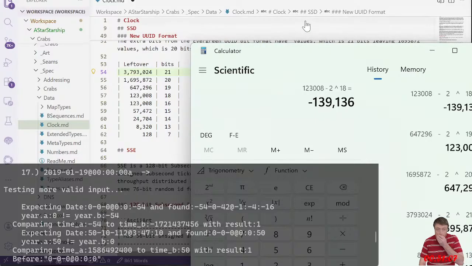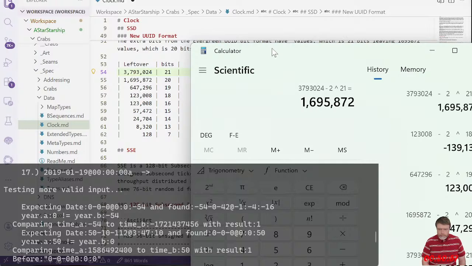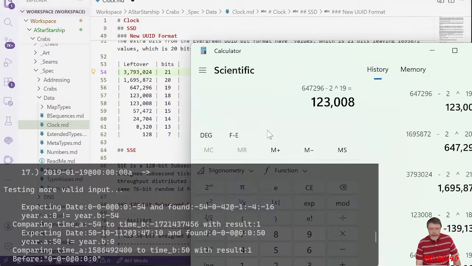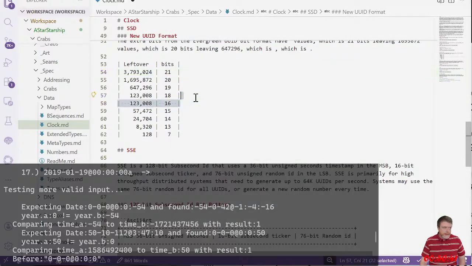What did I do? Yeah, this is wrong. I have 2 of these rows. This isn't right.